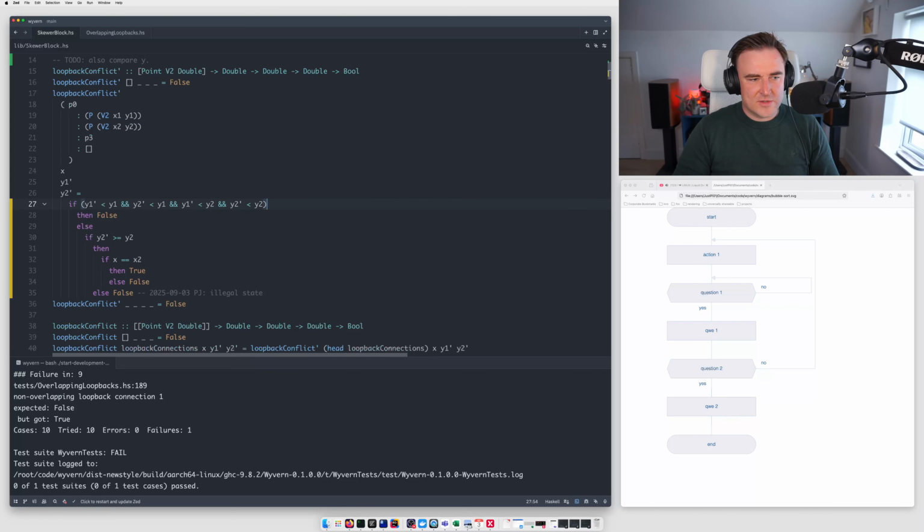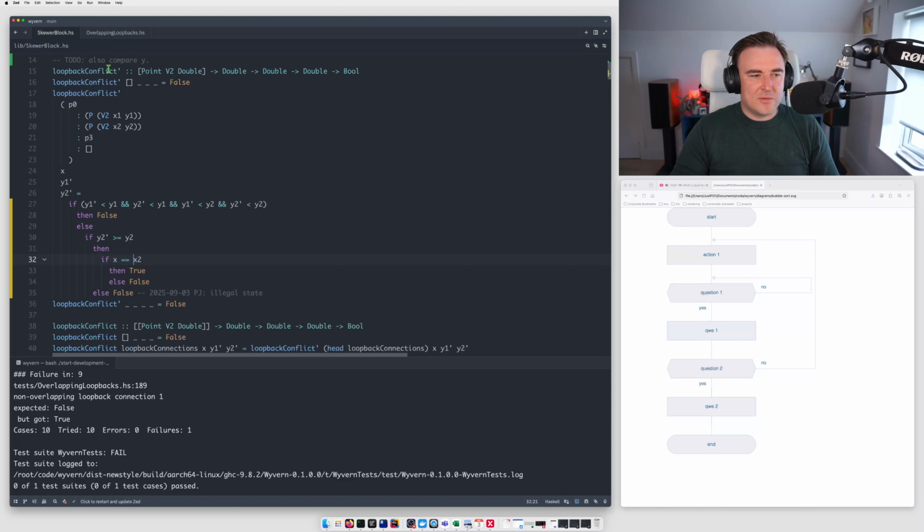So the whole condition is going to be false. Then y2 prime is greater or equal than y2. It is.